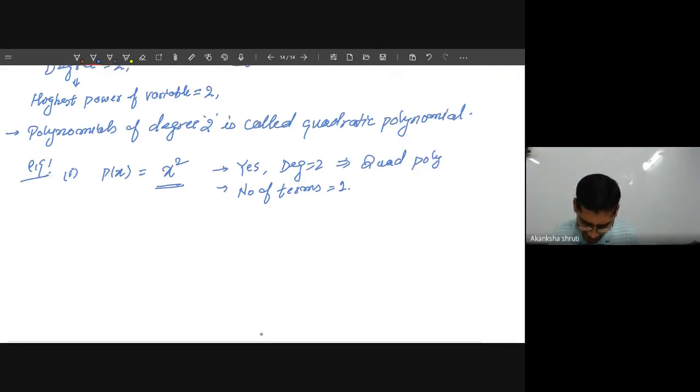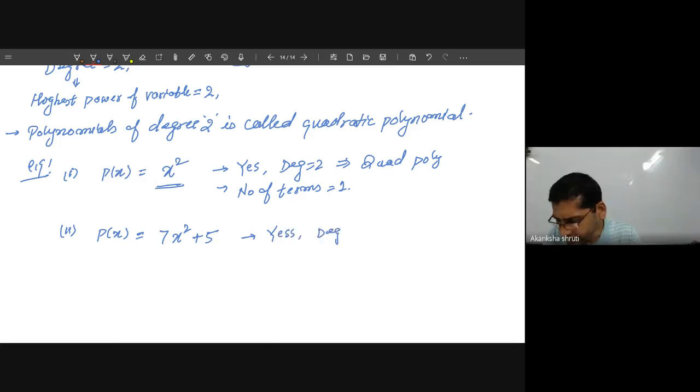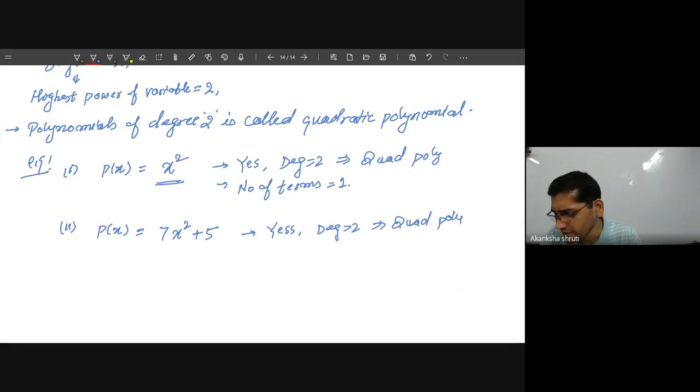Let me take the other one. If I am taking p(x) equals 7x square plus 5, what is the highest power of x? It is 2. Is it a polynomial? Yes. What is the degree? It is 2. So it is also a quadratic polynomial.